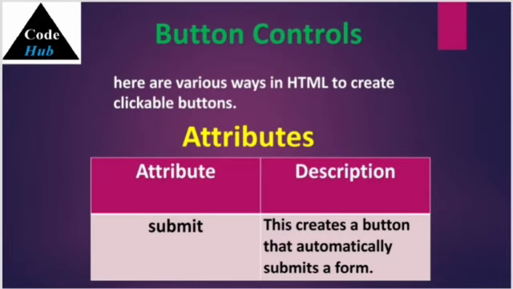Moving to the next, which is the button control. There are various ways in HTML to create a clickable button. You can also create a clickable button using the input tag by setting its type attribute to button. The type attribute can be as follows, which you can see through the attributes. First is reset.